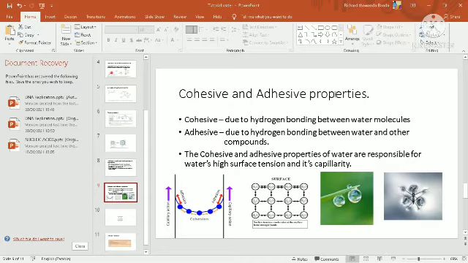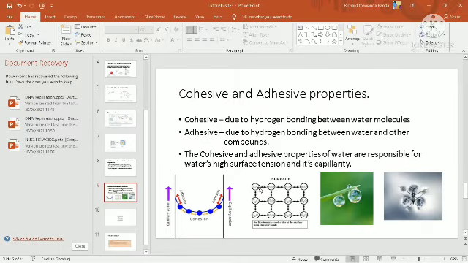These cohesive and adhesive properties of water are what are responsible for the water's high surface tension, and also its capillary action. If you look at this diagram again, you have these water molecules at the top, which are interacting via hydrogen bonding with the water molecules below them. But here at the surface, above the water molecules, you have air molecules, and water molecules are more likely to interact with other water molecules than with air molecules.